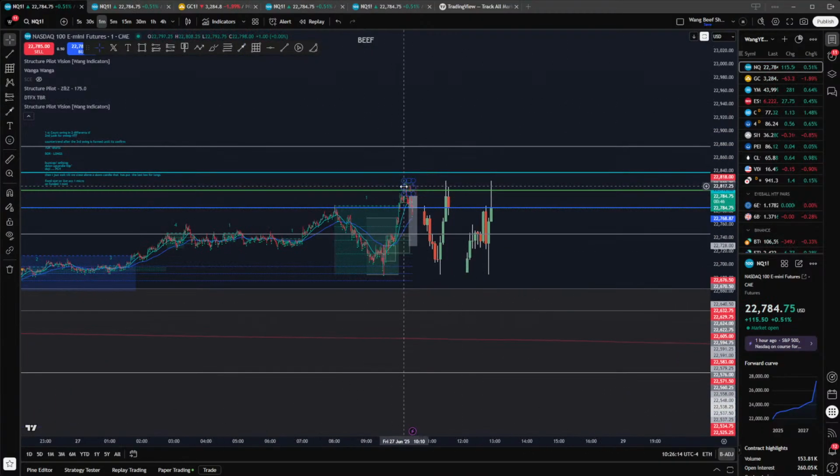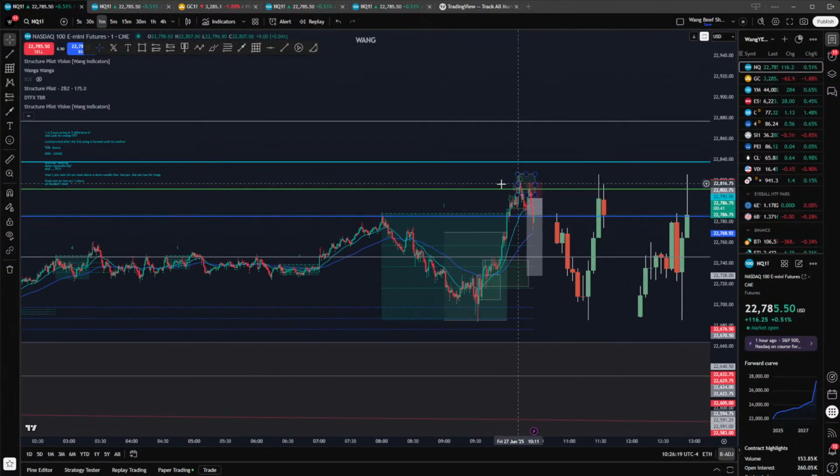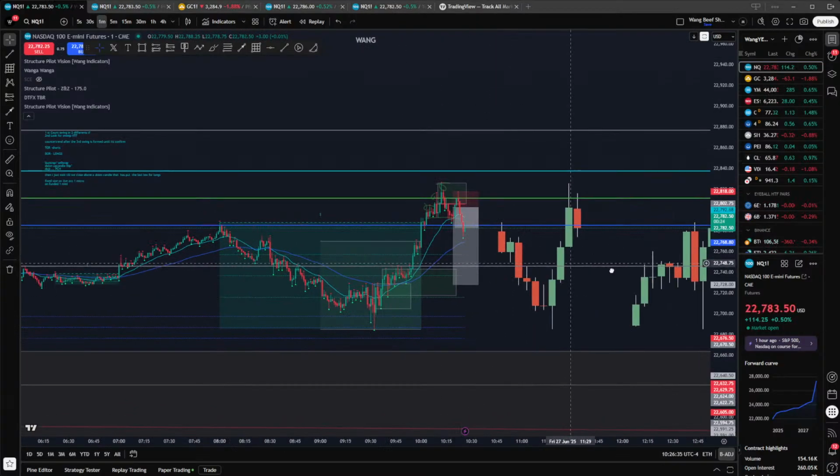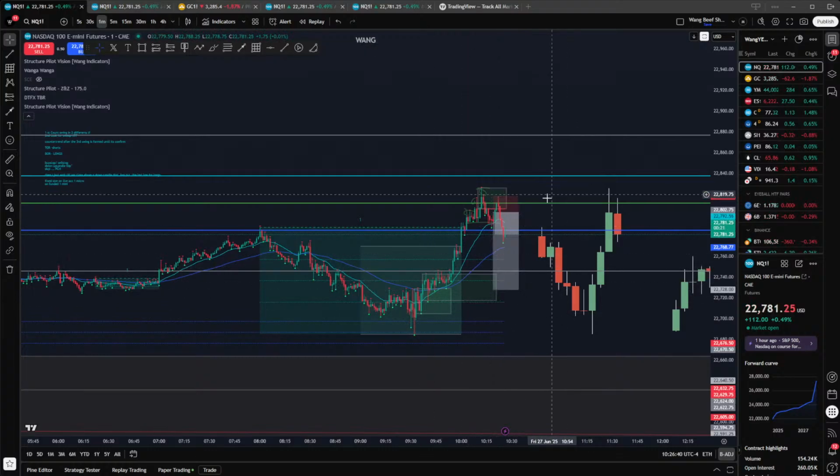So we come in, tap at the 50%, and give clues. Already made the 1, 2, 3. This is the fourth swing on the lower time frame. Coming up. So we can try something else and eventually see some profits.